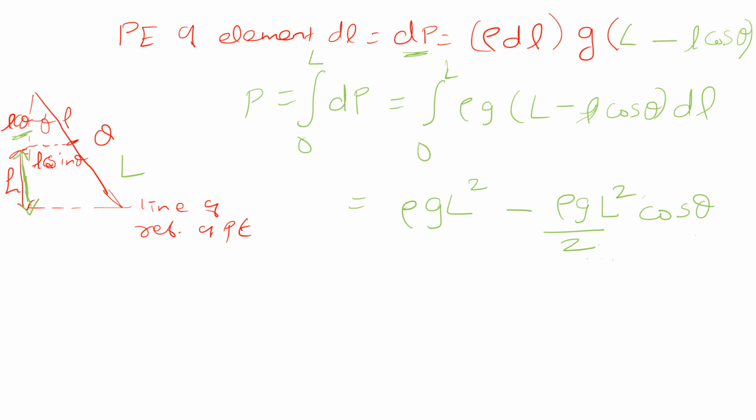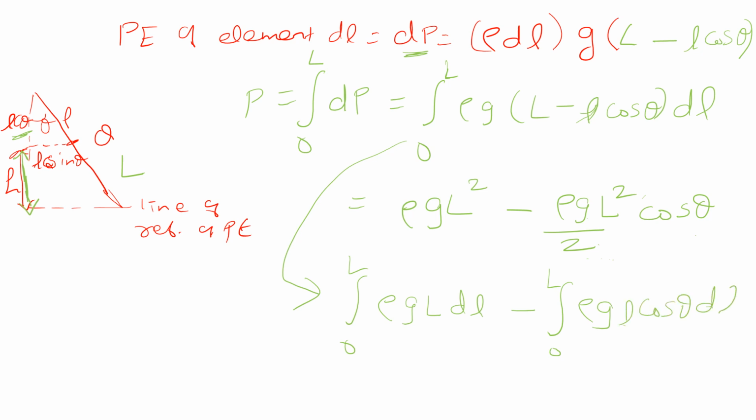So should I detail it? Let me do that here. The integral from 0 to L of rho G L dl minus the integral from 0 to L of rho G cos theta l dl.